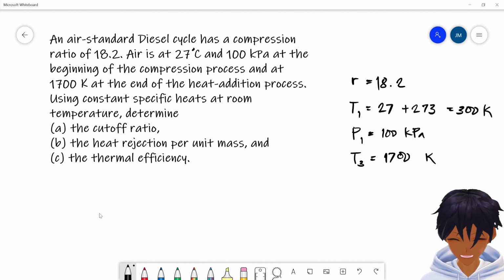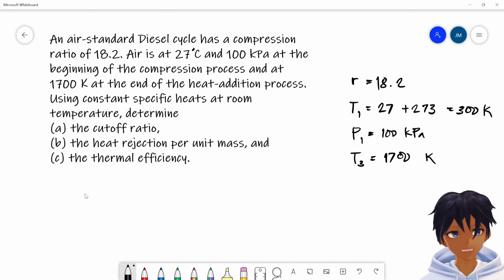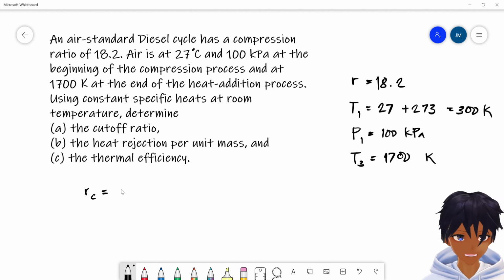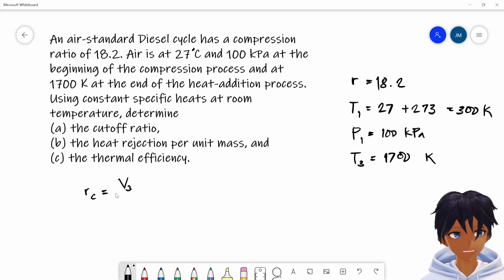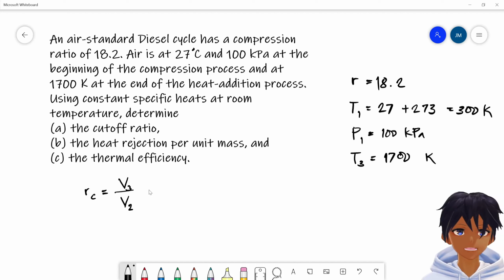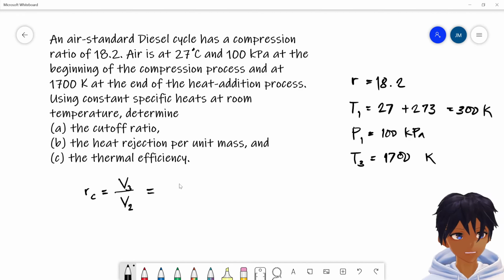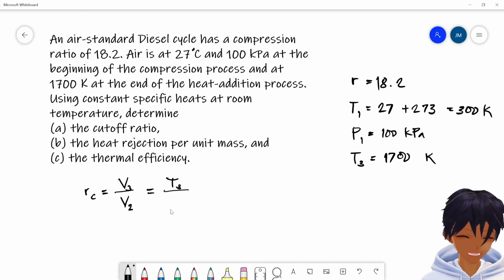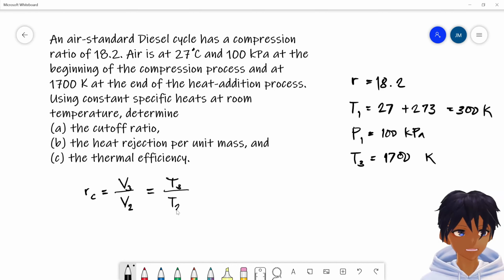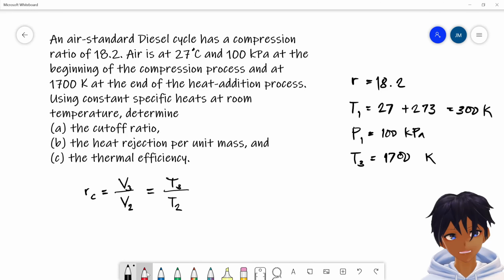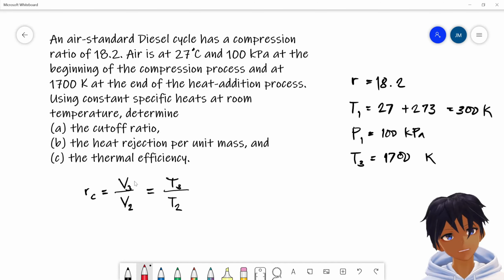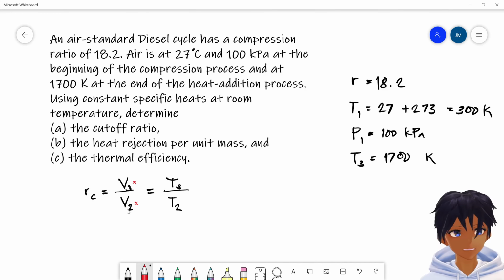Okay, so letter A, cut-off ratio. So let's solve for cut-off ratio. R sub C is the ratio between volume 3 and volume 2. And this is also equivalent to the ratio between temperature 3 and temperature 2. We don't have volume 3 and we can't solve for volume 2.